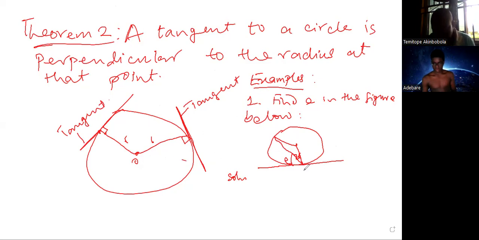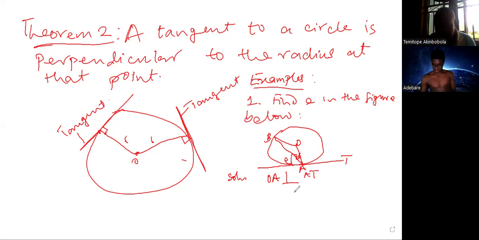Let's say this is O, let's say this is A, then this is B. So we can say that OA, let's say this is T, is perpendicular to AT.